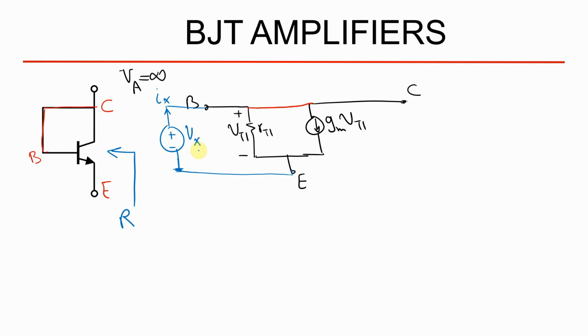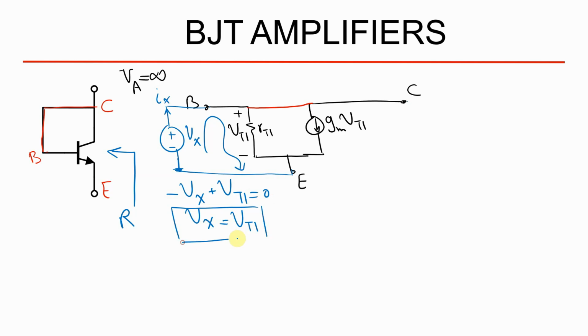Here you can use KVL: minus Vx plus V pi equals 0, so Vx equals V pi. This is the first equation that is going to make our circuit so simple, because now I can replace V pi with Vx whenever I see it. So instead of this, I'm going to use gm Vx.